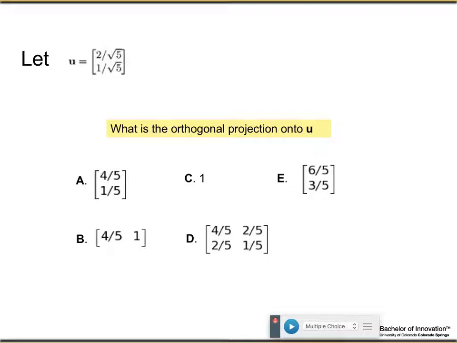Okay, blast from the past. Given U, what is the orthogonal projection? What is the matrix that gives us the orthogonal projection onto U? A hint, this is from chapter 4. If you're wandering around your notes, where do you look?